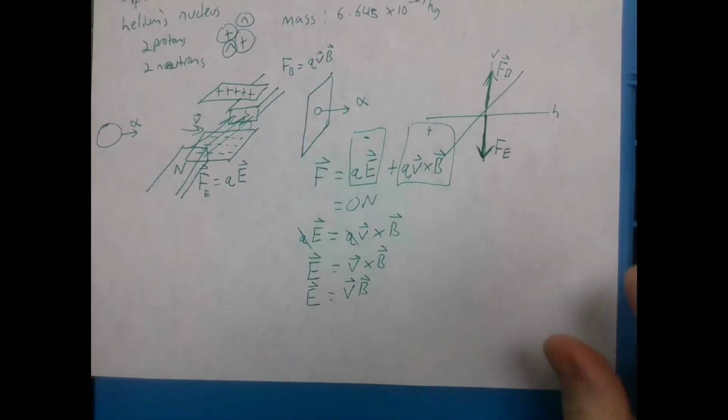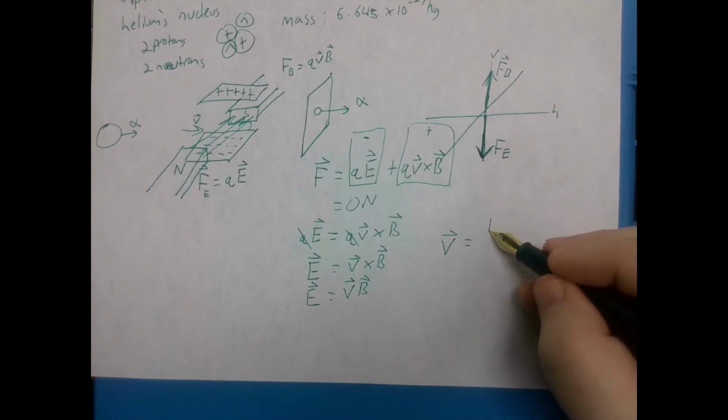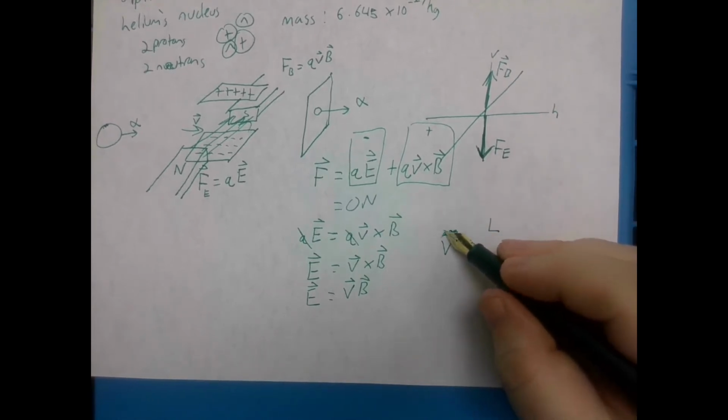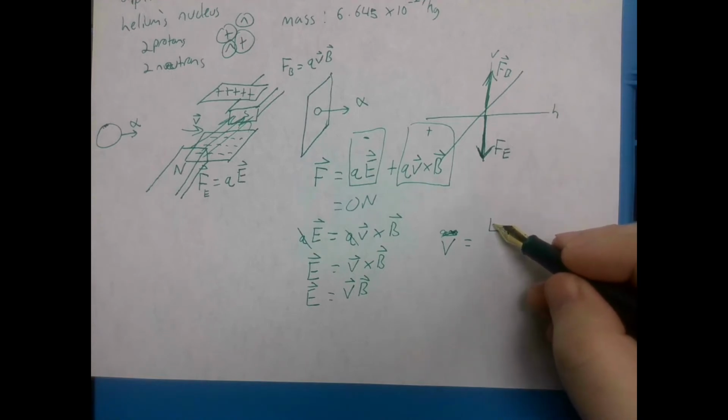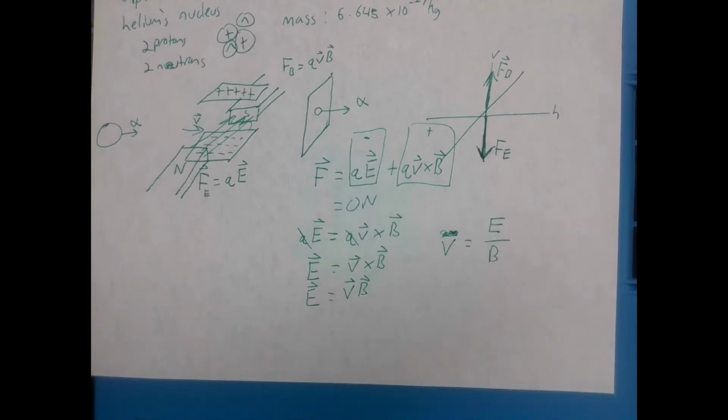And solving for velocity, velocity is thus equal to, and I need to really remove the vector notation, the electrical field strength divided by the magnetic field strength. So we want these values to be the same.